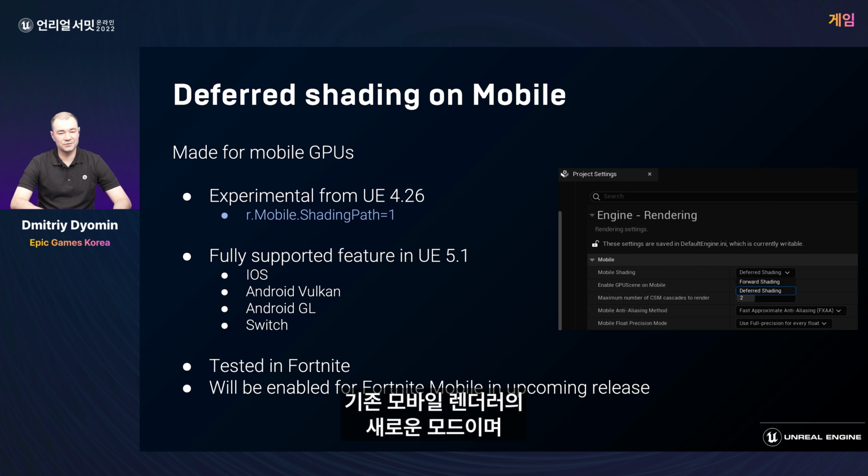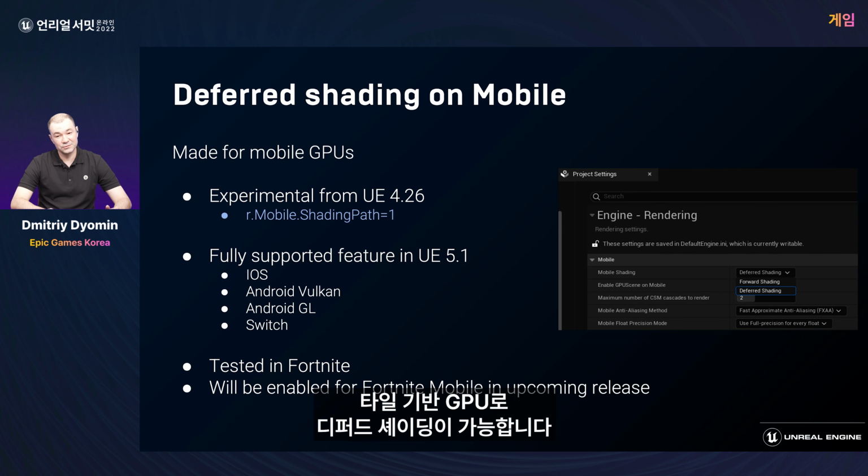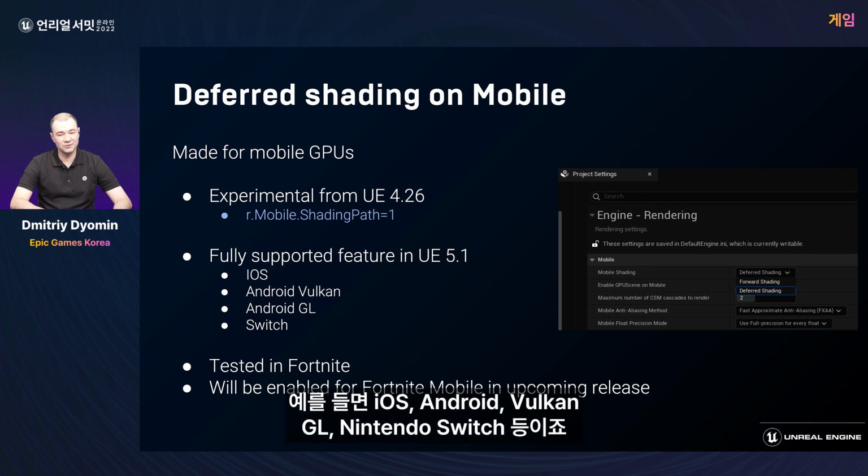This is a new mode in existing mobile renderers that can exploit tile-based GPUs to do the deferred shading. In Unreal Engine 5.1, we will be making mobile deferred shading an officially supported feature. It will support all mobile platforms, which include iOS, Android, both Vulkan and GL, and also Nintendo Switch.